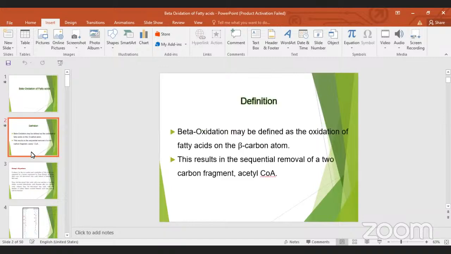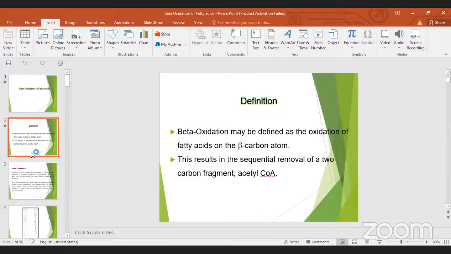Definition: beta oxidation may be defined as the oxidation of fatty acids on the beta carbon atom. What is that? Beta carbon atom. This results in the sequential removal of two carbon fragments.